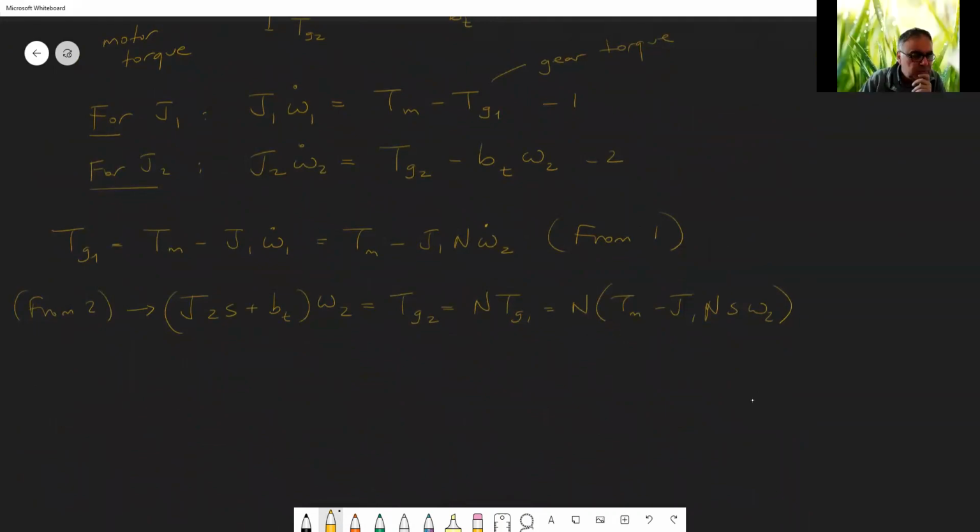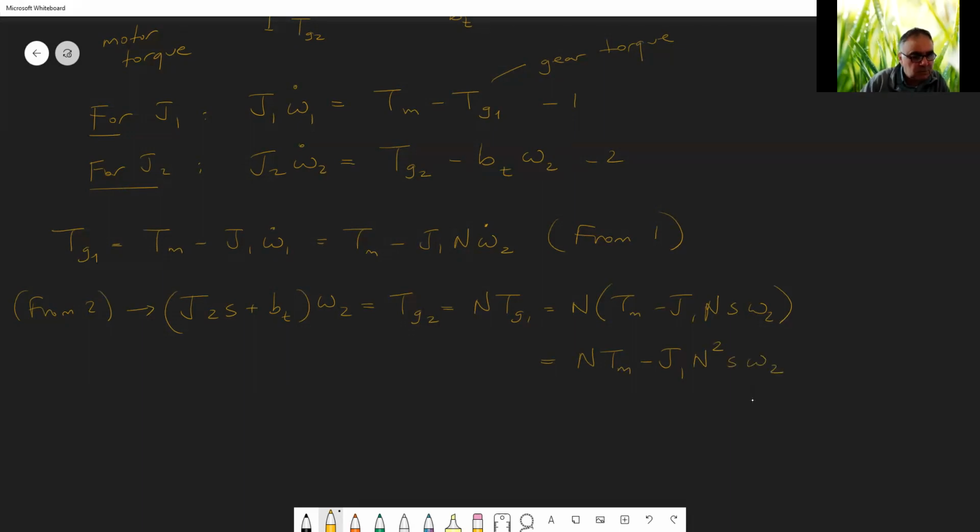So omega 2 terms can be collected together again. J1 and n squared S. Here you have J2. And what you get eventually, well, let me write this as n Tm minus J1 n squared S omega 2.